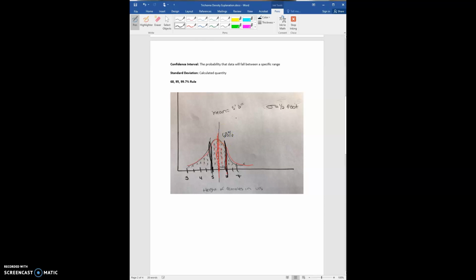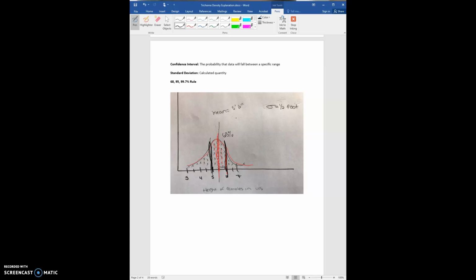So this is our first confidence interval, and we would say that 68% of the females in the United States are going to fall within this distribution curve, within the boundaries of these confidence intervals. If you were to walk down the street and find the height of a random female, there's a 68% chance that she's going to be within this range.